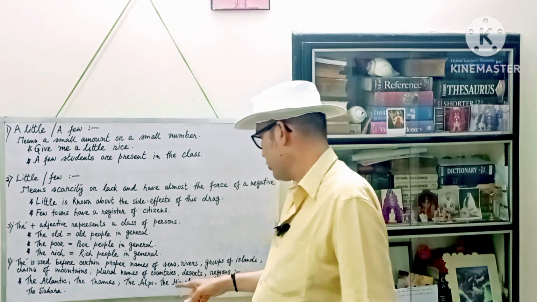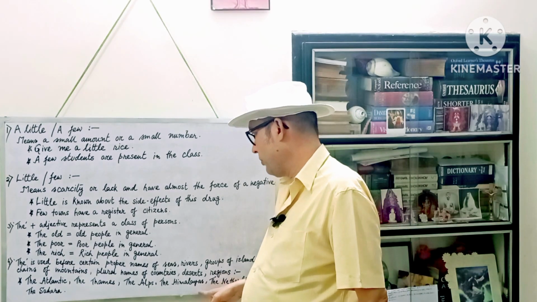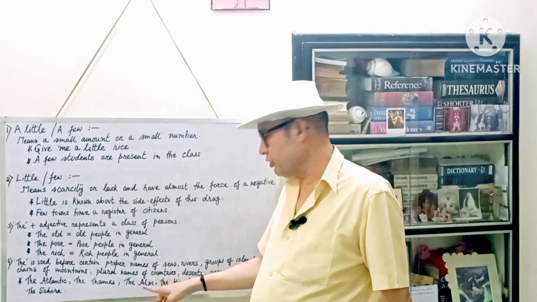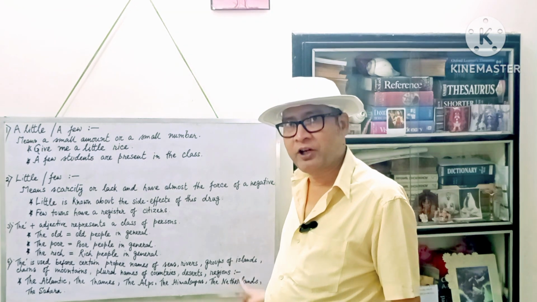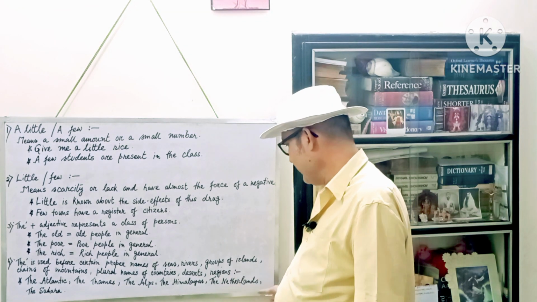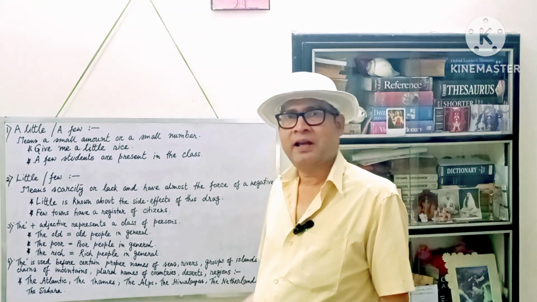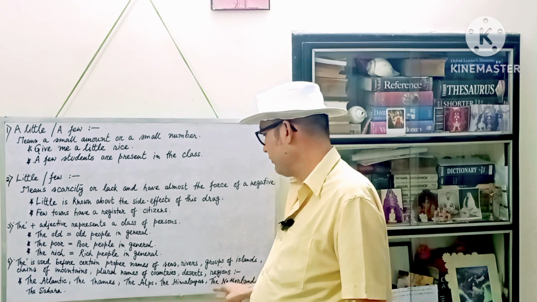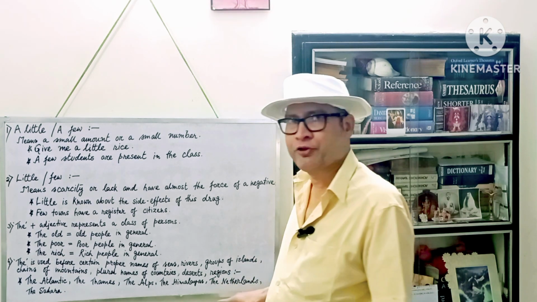Okay? Next, the Himalayas, I have just told you. The Himalayas, a range of mountains. The Alps, a range of mountains. The Netherlands, look, this is the name of a country, but this is a plural name. There is s at the end of Netherlands. So we have not forgotten to use the definite article the Netherlands.